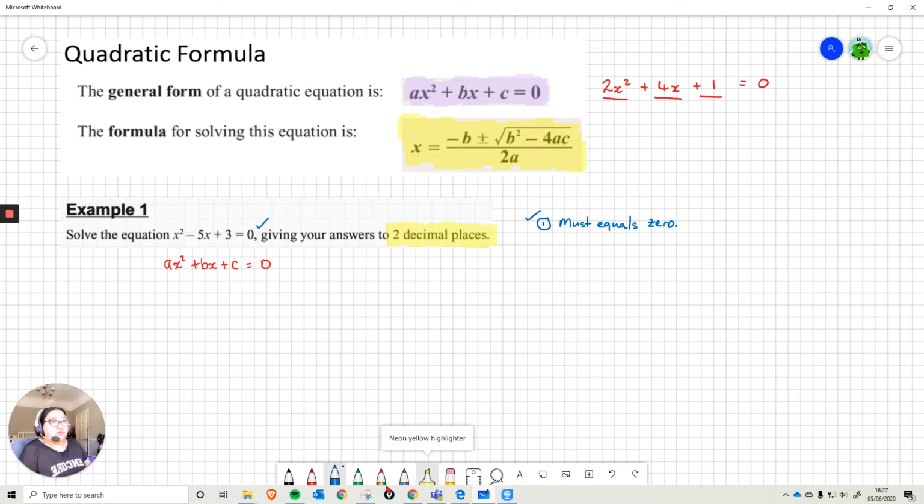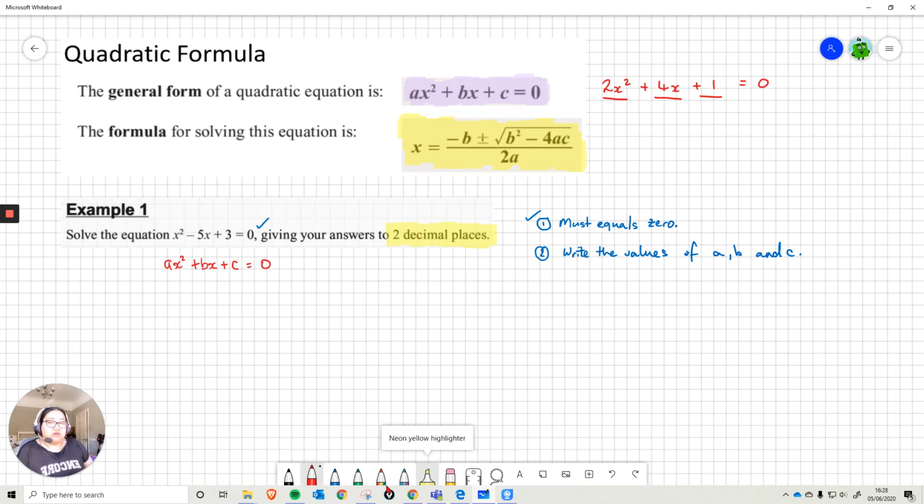Now, this time we're not going to factorize. This time we are going to identify our a, b, and our c. So step 2, write the values of a, b, and c. So here, a is the number that's in front of our x squared, and here we haven't got a number in front of our x squared.